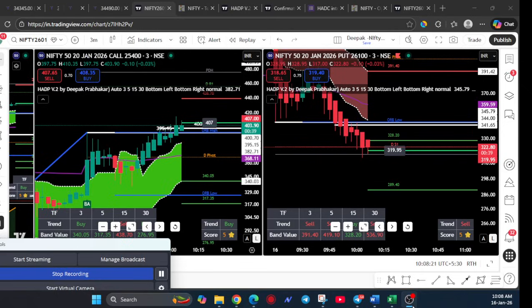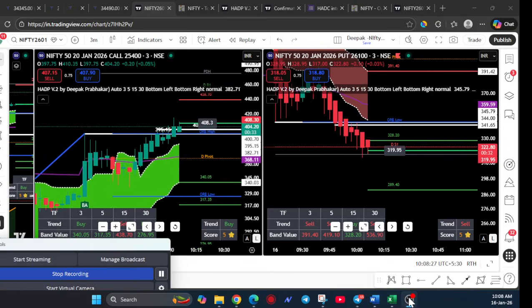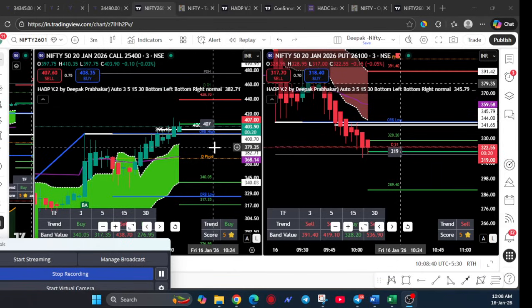That is always better. The only reason is, on the same time frame, your profits may increase. Because on 1 minute it may give you a sell, 3 minutes may not give you a sell, and it may start moving up also, right? That's why I'm saying that whichever time frame you take your entry on, follow that for exits also.